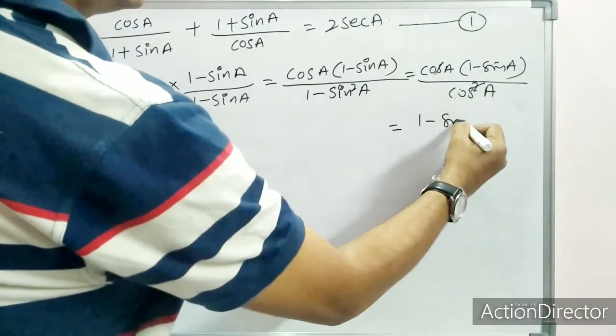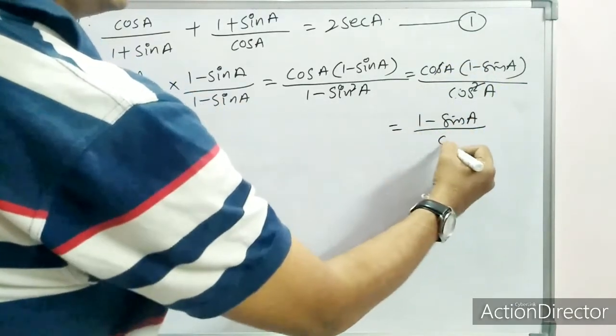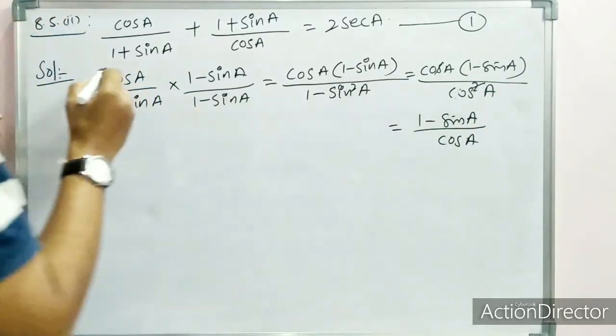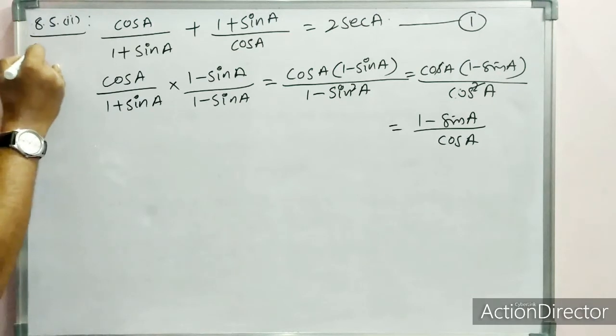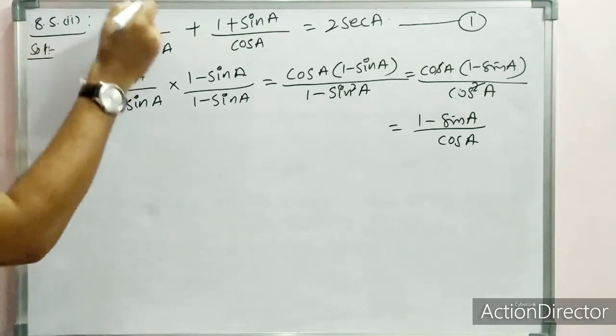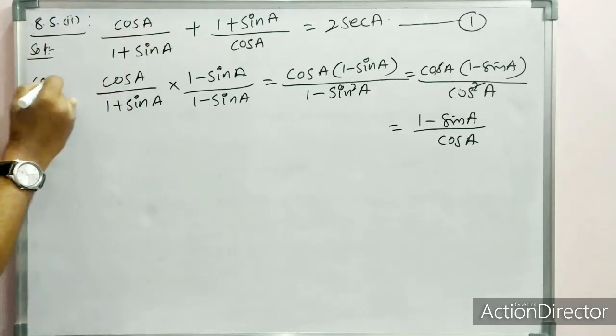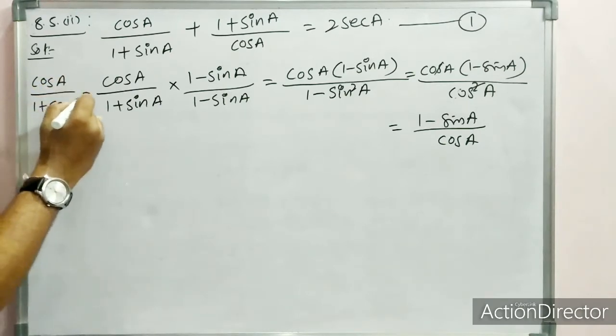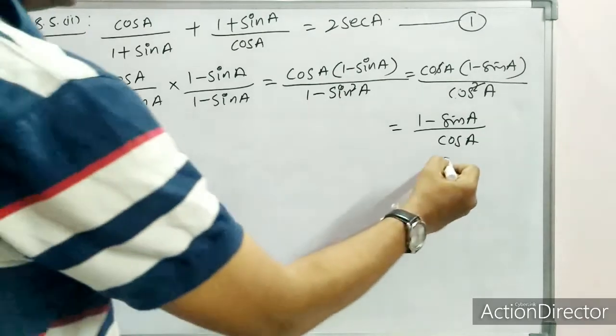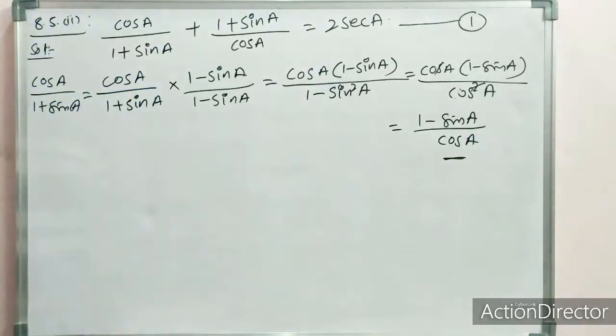Therefore (1 minus sin A) by cos A. So what is this particular value I have taken, that is cos A by (1 plus sin A). This value I can write as (1 minus sin A) by cos A.